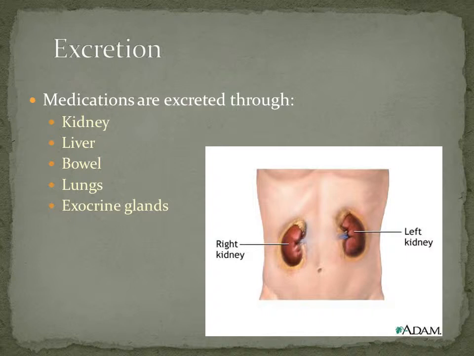If a client's kidneys are failing, for example, and they've been diabetic and they're on insulin, insulin is excreted through the kidneys, and since the kidneys are not working appropriately, the insulin will then be concentrated and will last in the system much longer than it does in a client whose kidneys are working appropriately. So in other words, toxicity can occur, and decreased dosages may be required to achieve the same effect.